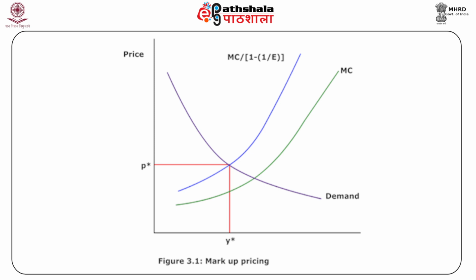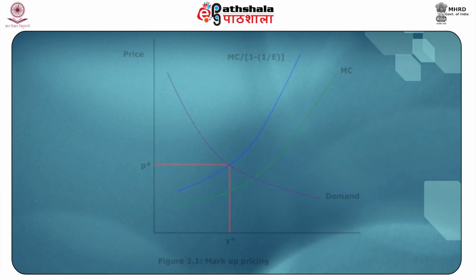The curve labeled MC upon 1 minus 1 upon the absolute value of sigma is a constant fraction higher than the marginal cost curve. The optimal level of output Y star occurs where this curve crosses the demand curve. That is where P is equal to MC upon 1 minus 1 upon the absolute value of sigma.